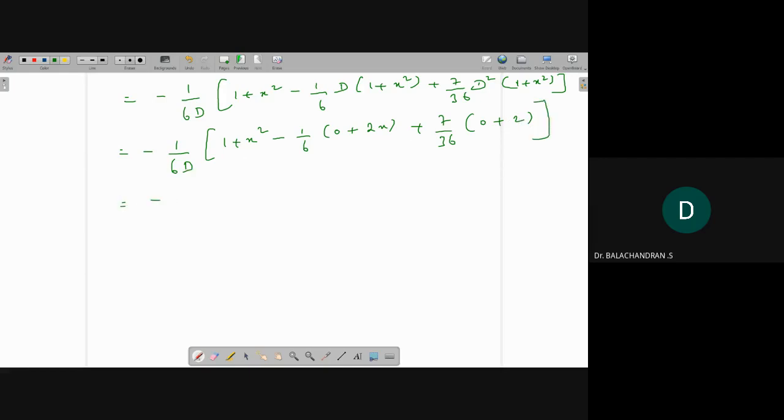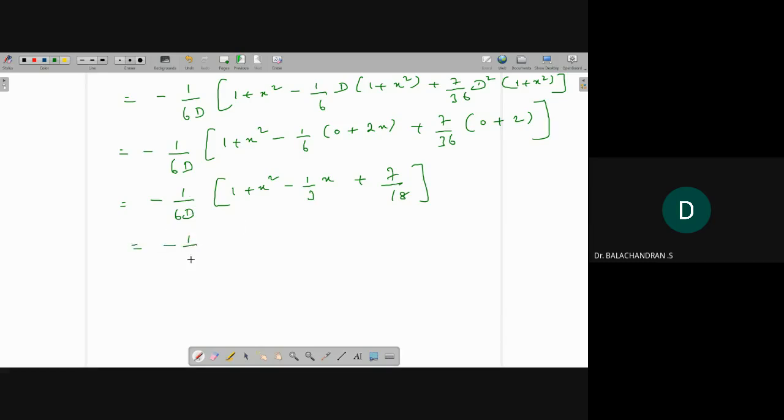So now minus 1 by 6D, 1 plus x square minus 1 by 3 into x plus 7 by 18. Okay, now 1 by d means integration.